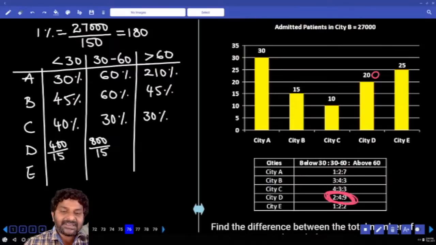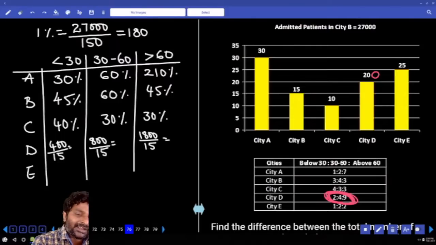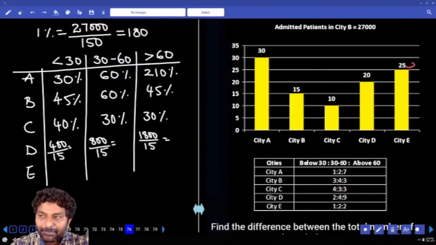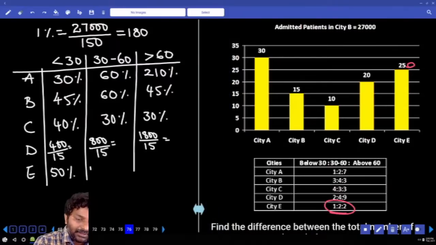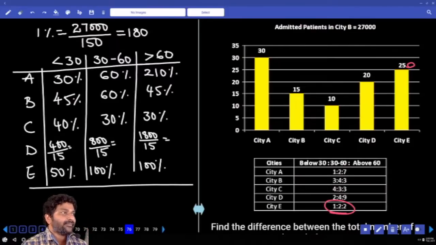Next, 9 parts, 9 by 15 into 200, 1800 by 15. I will convert into numbers when it is really required. For now I will leave it like this. Is that okay? Next, in E, the total is divided into parts: 50, 100 and then 100. You know everywhere the 1% value is 180. Is this clear to everyone?